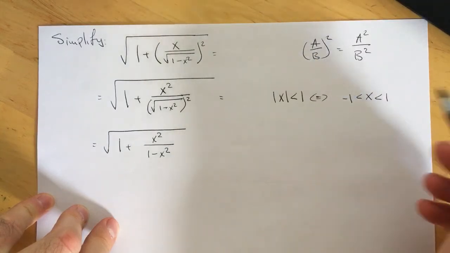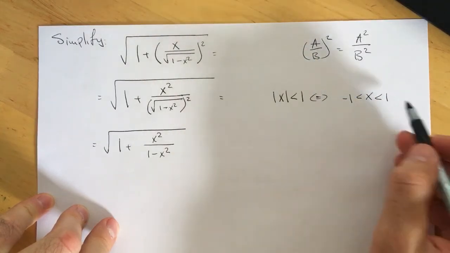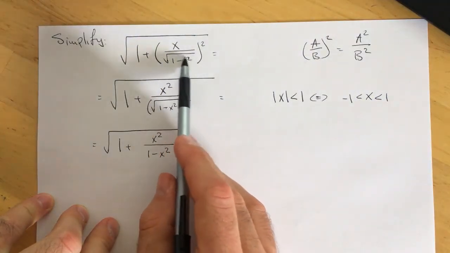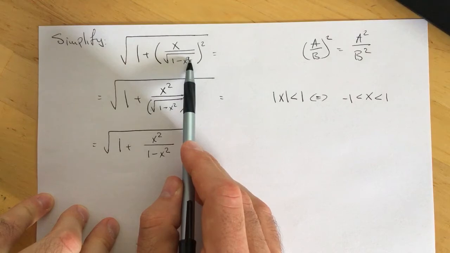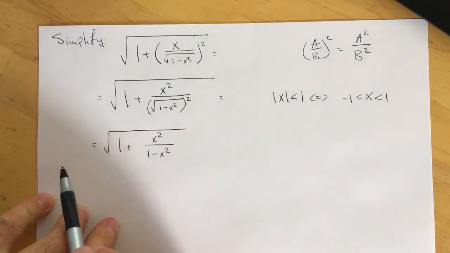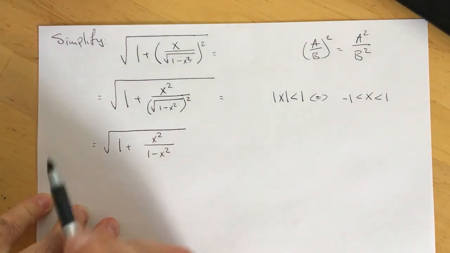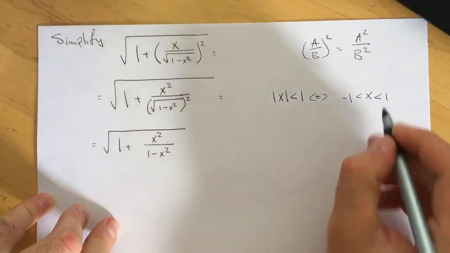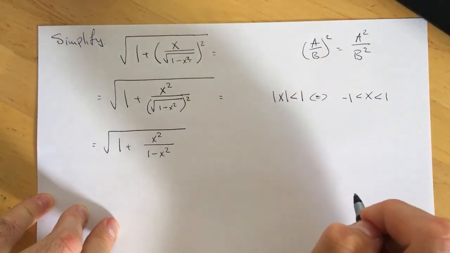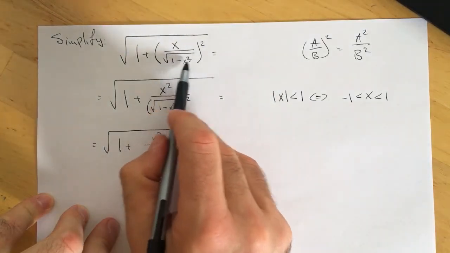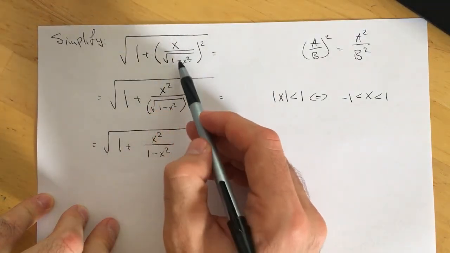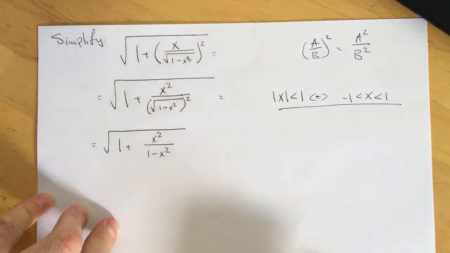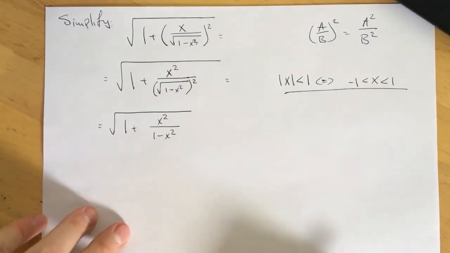Because if it's any other values less than -1 or greater than 1, then this difference under the square root is going to be negative, and we cannot take the square root of a negative number. And why can it be neither equal to -1 nor equal to 1? Because in that case this difference is going to be 0 and we cannot divide by 0. Okay, but this is going to be more clear once we talk about the domain of a function.